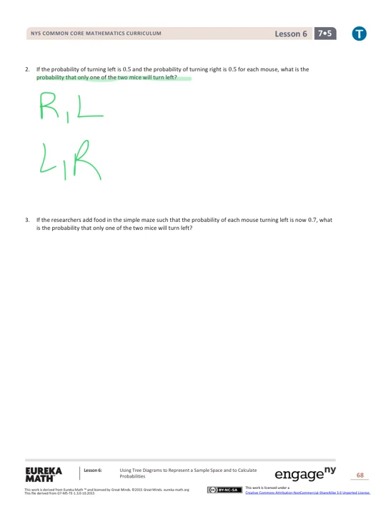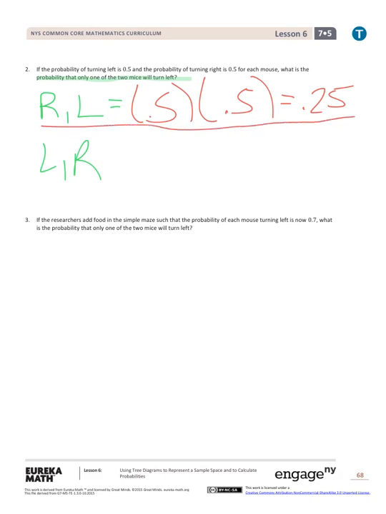Let's find the probability of this right-left occurring. Well, it's a 0.5 chance going right and a 0.5 chance going left. 0.5 times 0.5 is 0.25. That's the probability of this right-left occurring. What's the probability of the left-right occurring? Well, it's a 0.5 chance turning left, and a 0.5 chance turning right. 0.5 times 0.5 is 0.25.